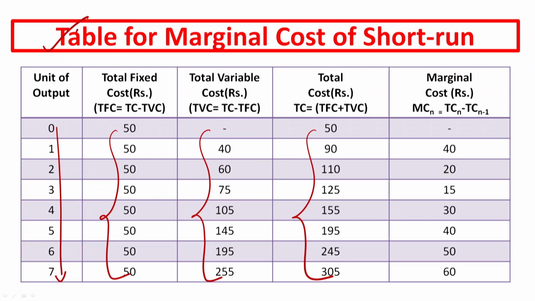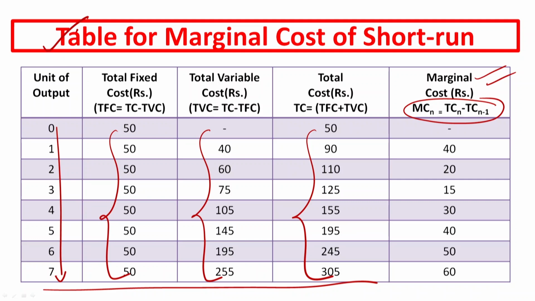So, this is the fact you are already aware of. We are going to discuss the marginal cost. Marginal cost says total cost of n unit minus total cost of n minus 1 unit. So, this 50 above is nothing.